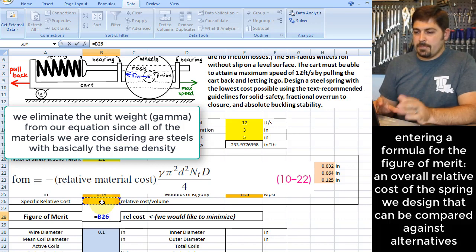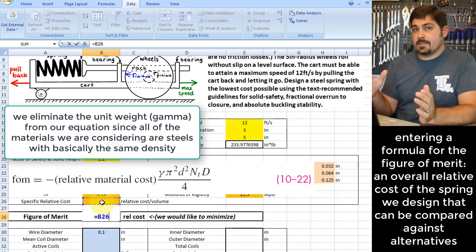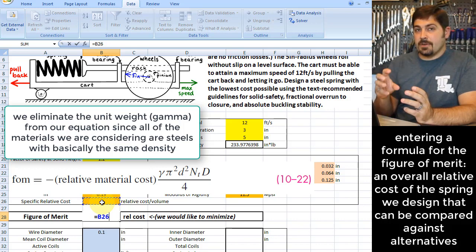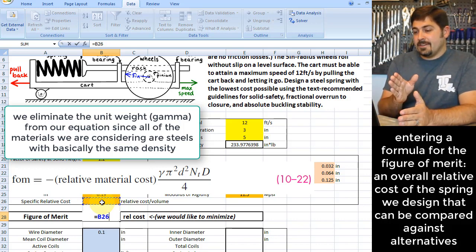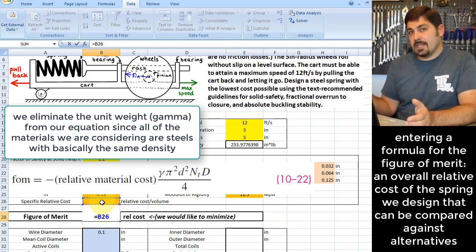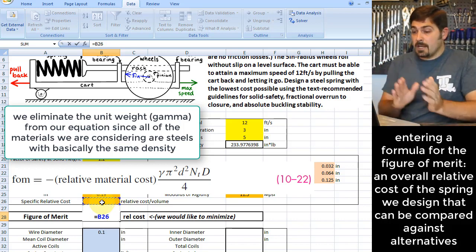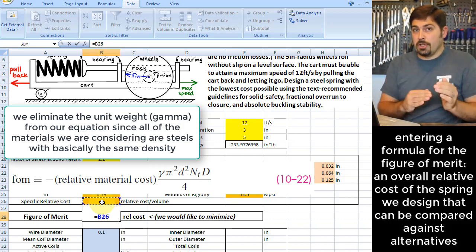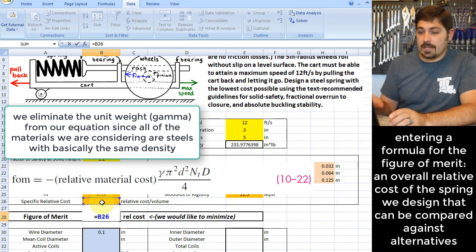The only reason they put the negative out front is to orient this number such that it increases the cheaper the spring gets. I don't think we need to do that. I think it's easy enough to understand that we're trying to minimize this value and that small numbers are good, so I'm going to neglect the negative sign for this.